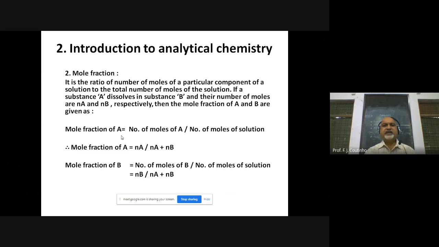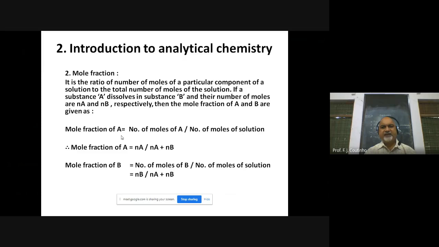So if a substance A is dissolved in substance B and their numbers of moles are n A and n B respectively, then the mole fraction of A and B are given as follows.